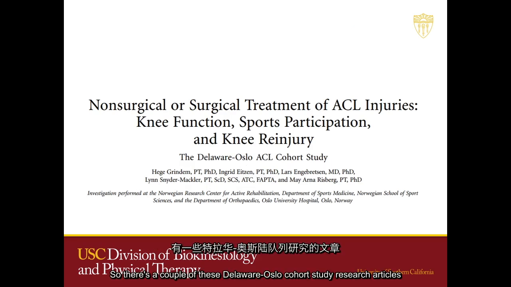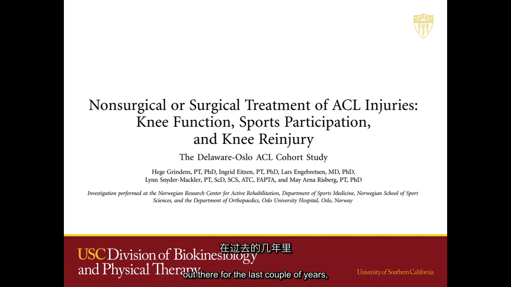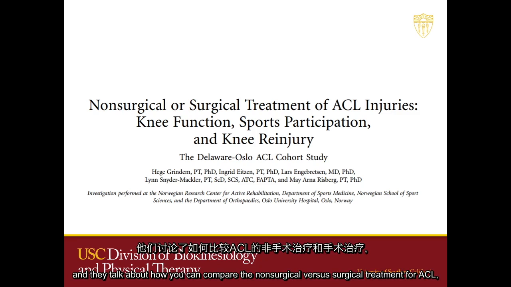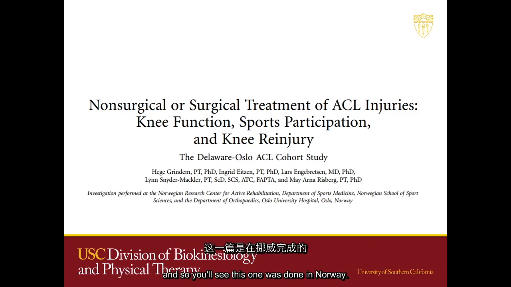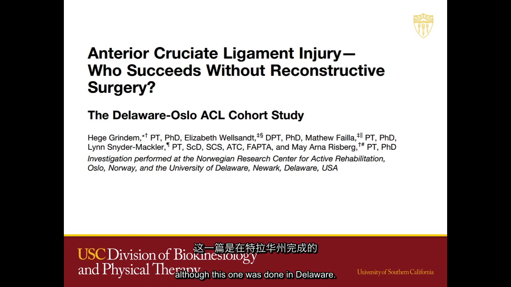So there's a couple of these Delaware-Oslo cohort study research articles out there from the last couple of years, and they talk about how you can compare the non-surgical versus surgical treatment for ACL. And so you'll see this one was done in Norway. Actually, they've all been done in Norway for the most part, although this one was done in Delaware.